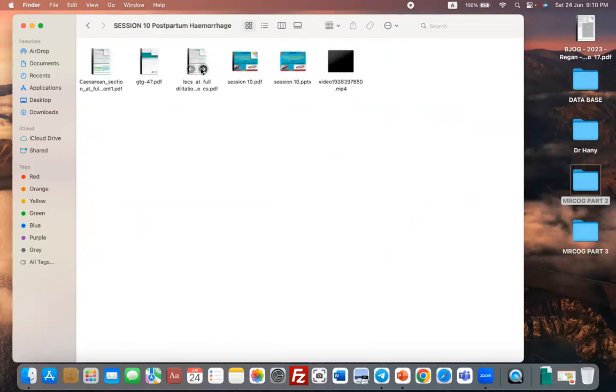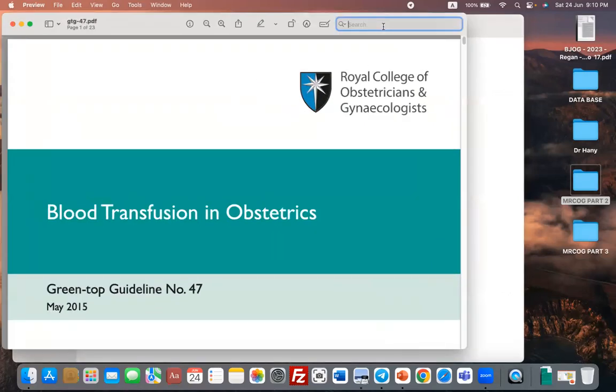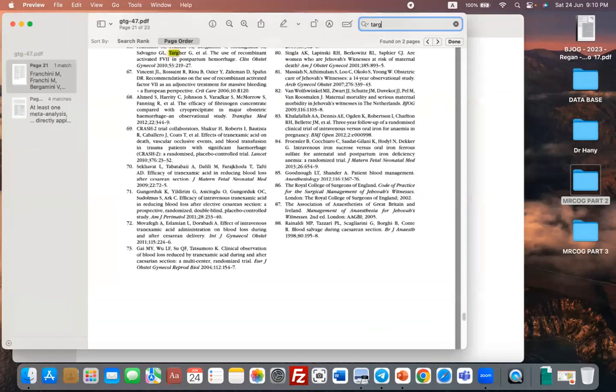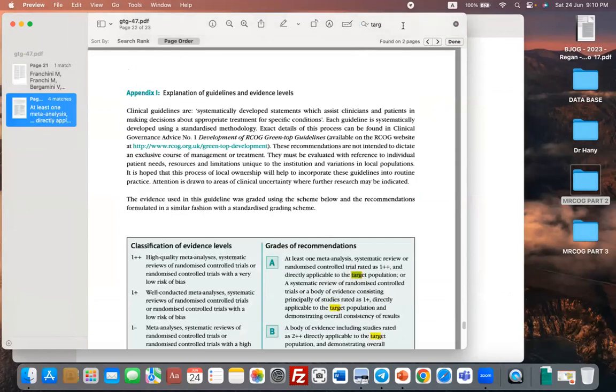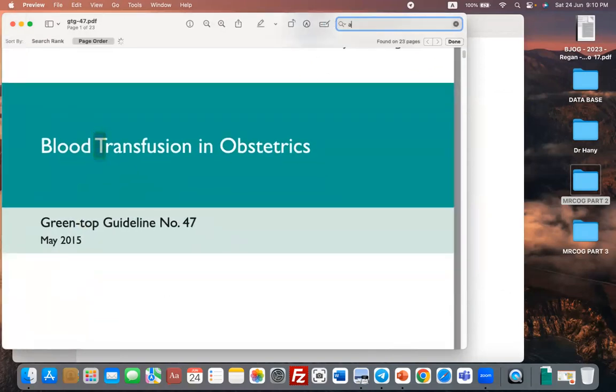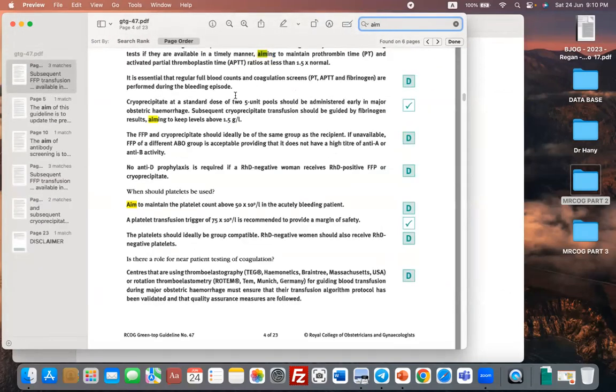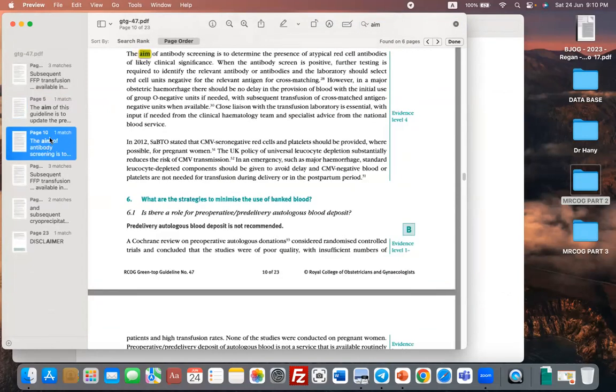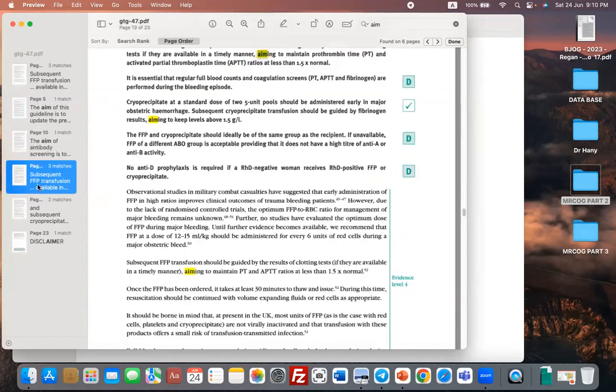This is the protocol, and I give the target. Yes, the aim. Sir, that one I know. The targets they have given for antenatal and postnatal.